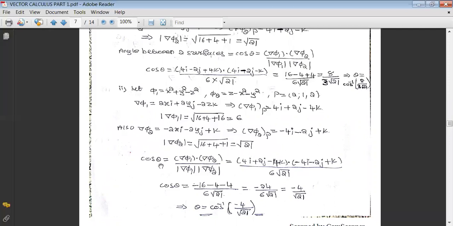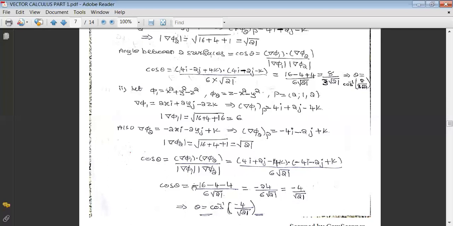Okay, therefore cos theta equals the dot product del pi 1 dot del pi 2 divided by the magnitude of del pi 1 into del pi 2, that is 4i plus 2j minus 4k dot minus 4i minus 2j plus k, and the magnitude of del pi 1 is 6, and that of the second one is square root of 21.